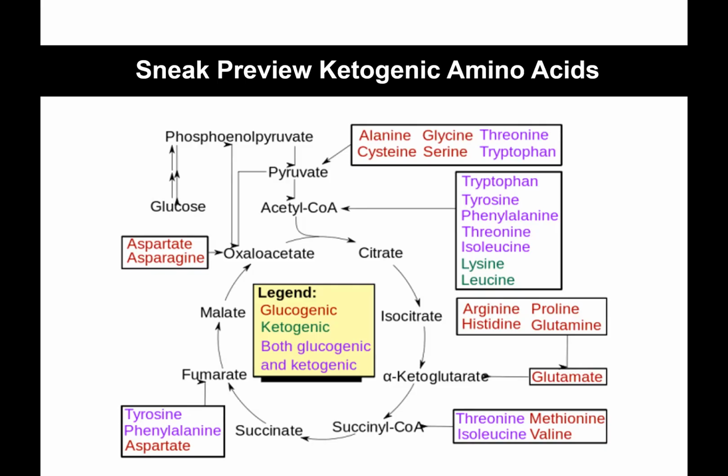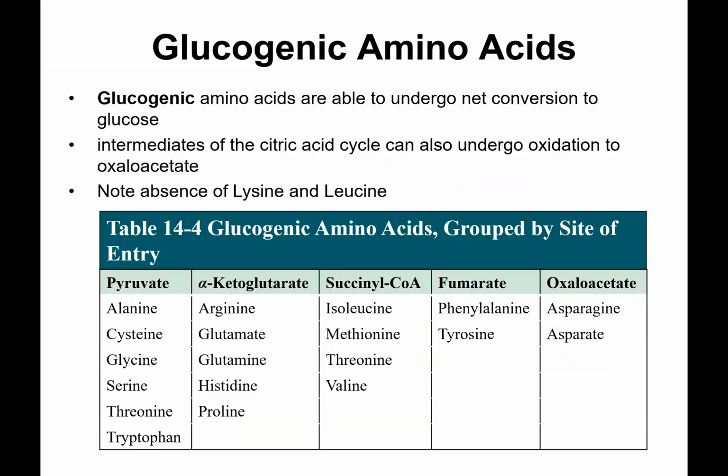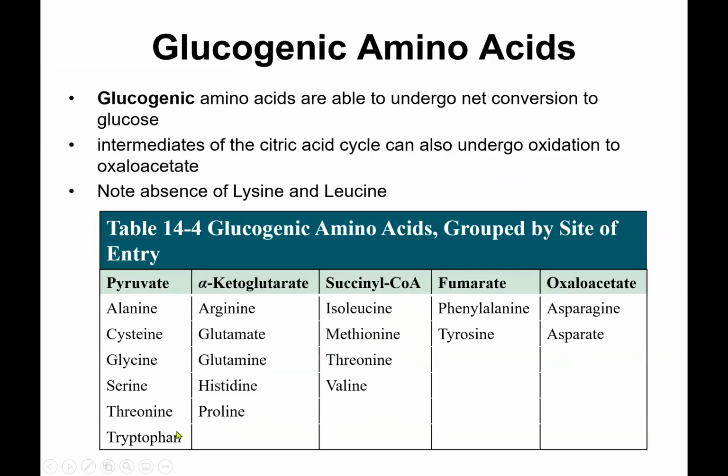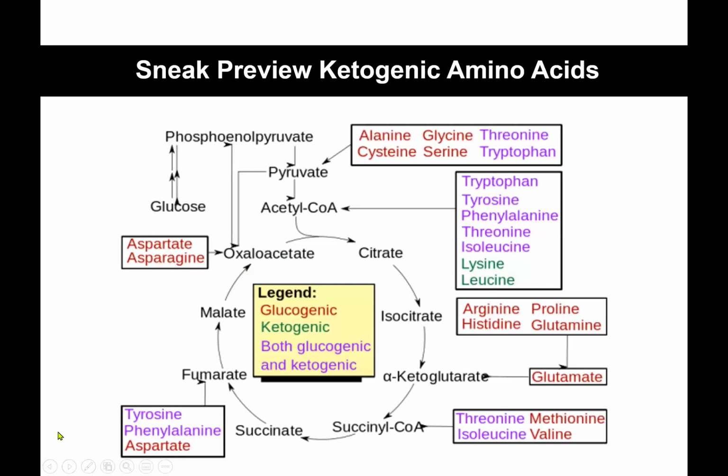Let's see, does it really line up? Fumarate, phenylalanine. There are some discrepancies here if we compare closely, because this says fumarate is only phenylalanine and tyrosine, but aspartate is glucogenic.